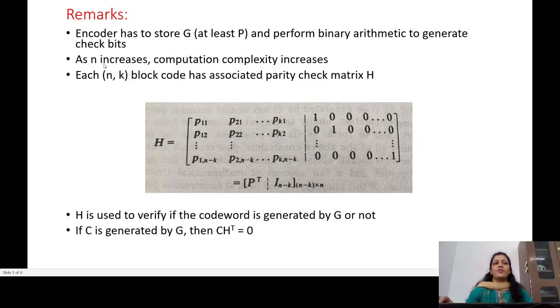As the number of message bits K increases, n value should also increase, and as n increases, the computation complexity will also increase. These are some of the disadvantages of using this method in order to generate the check bits.